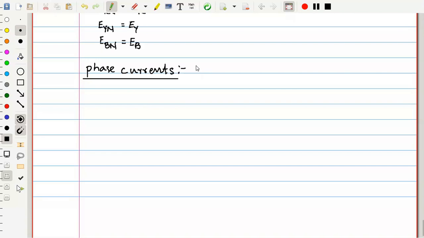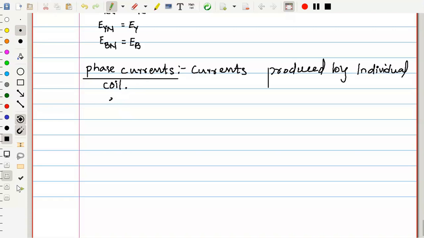The currents produced by the individual coils, which are coil 1, coil 2, etc. So what are the examples? Here you can see the diagram. IR is the coil 1 current, IY is the coil 2 current, IB is the coil 3 current. These are called phase currents.